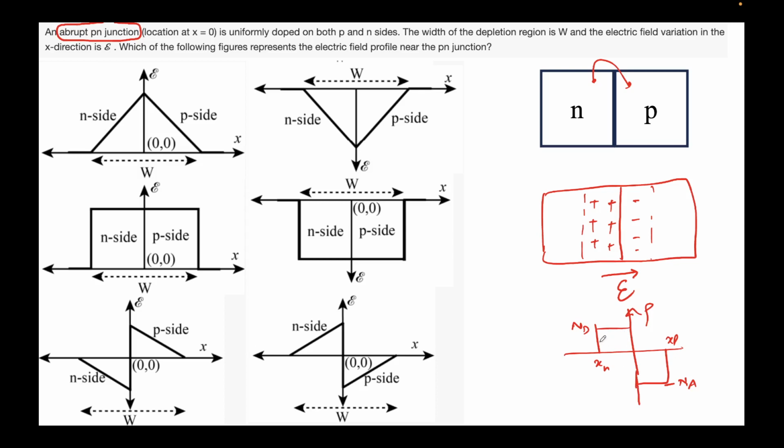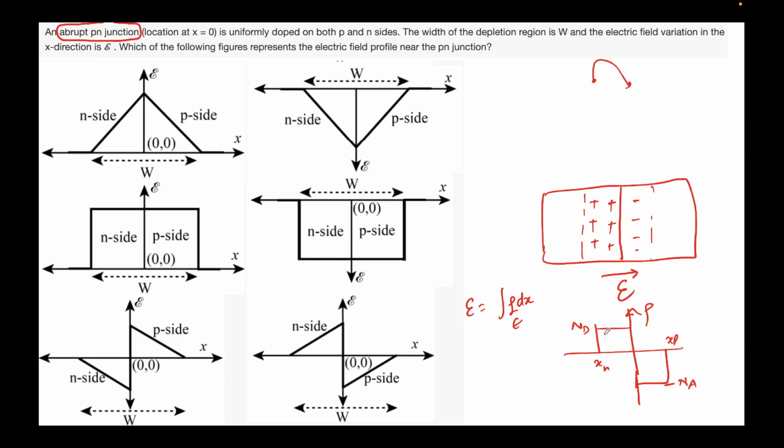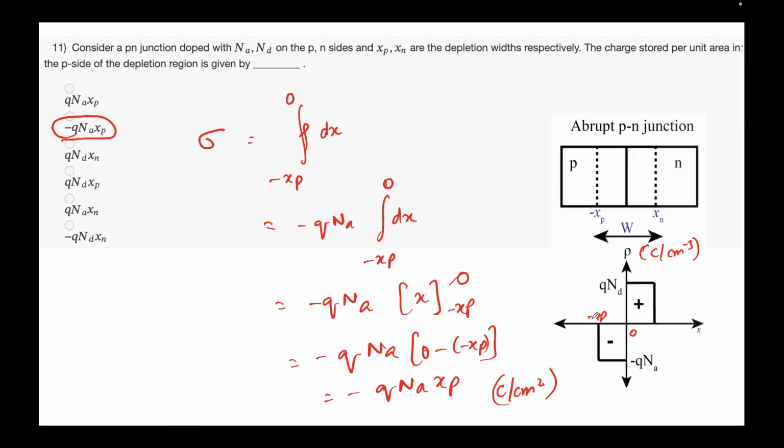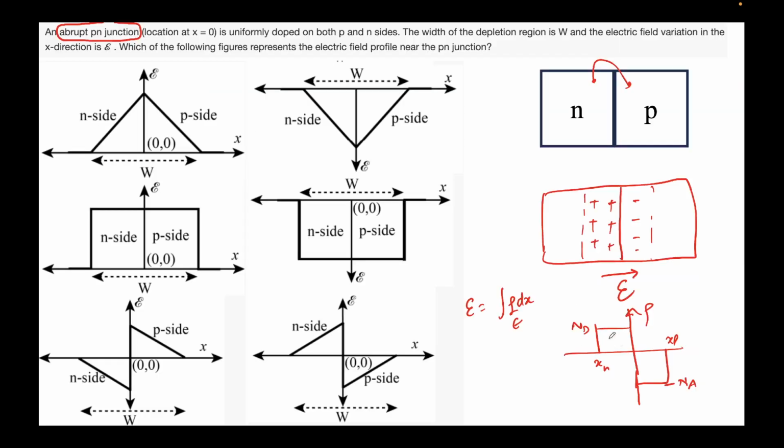Hence, if you integrate them, because remember, E equals rho by epsilon into dx, the integration of both will naturally come out the same, and it will be positive because this is a positive side. You get a positive slope, so it will look something like this in the first plot. So this will be your correct answer.